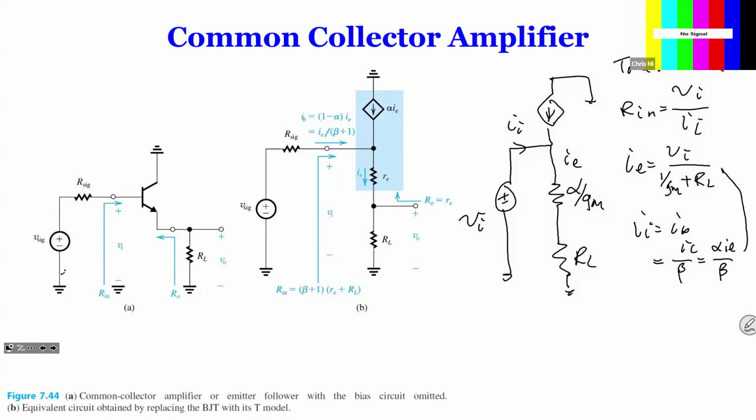So you need to plug this one into here. Let's do it quickly. IB equals alpha IE over beta, so this is II.